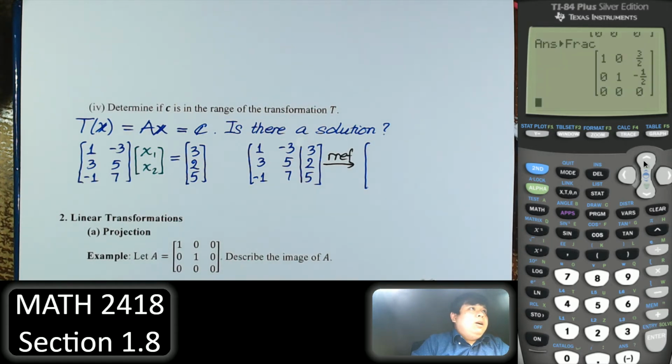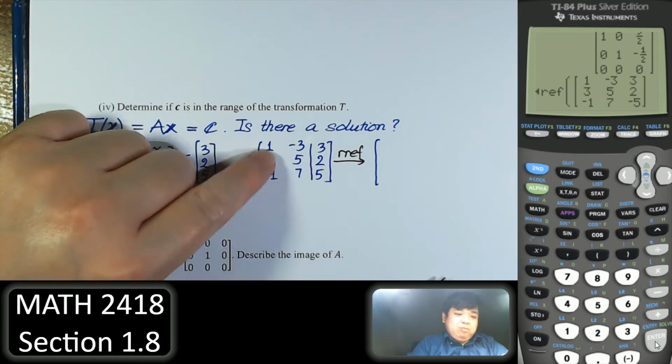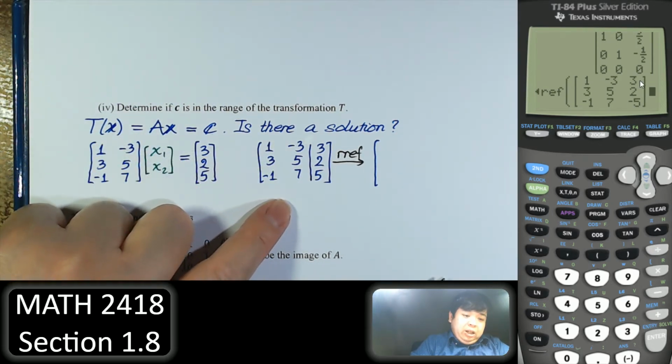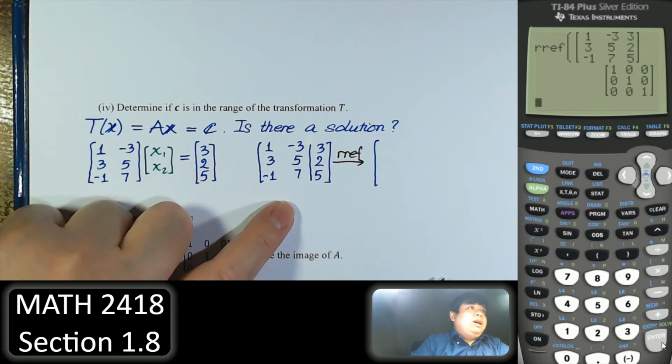Right. So just copy and paste what I have there, because the first part is still good. 1, negative 3, 3, 3, 5, 2, negative 1, 7, and 5. So I only need to change the last number. And this is what we have.